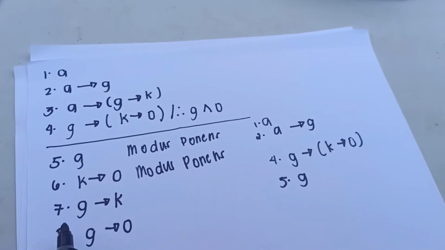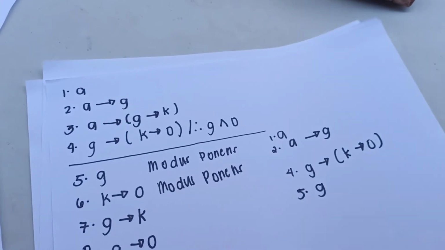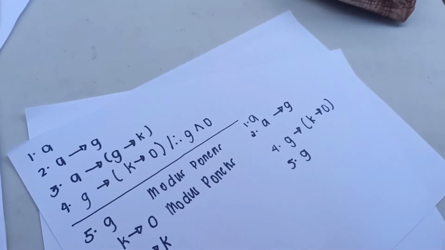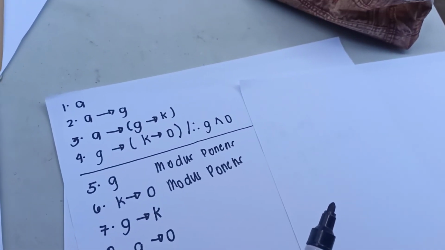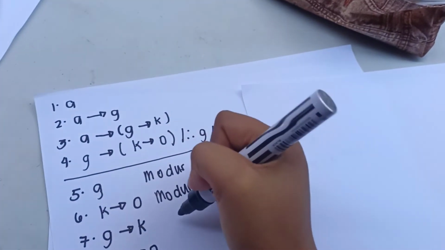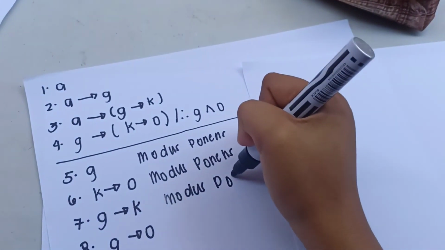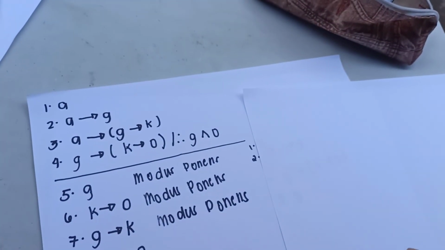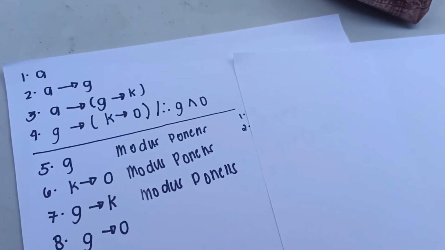So, number 7, G implies K. So, paano naman kaya nakuha yung number 7? Anong rule yung ginamit natin dyan? The rule that we use here is modus ponens again. So, paano naging modus ponens na naman? Because as we combine number 3 and number 1.